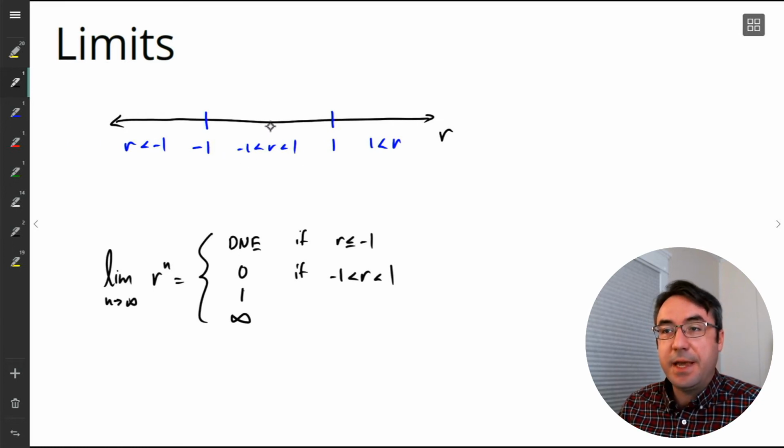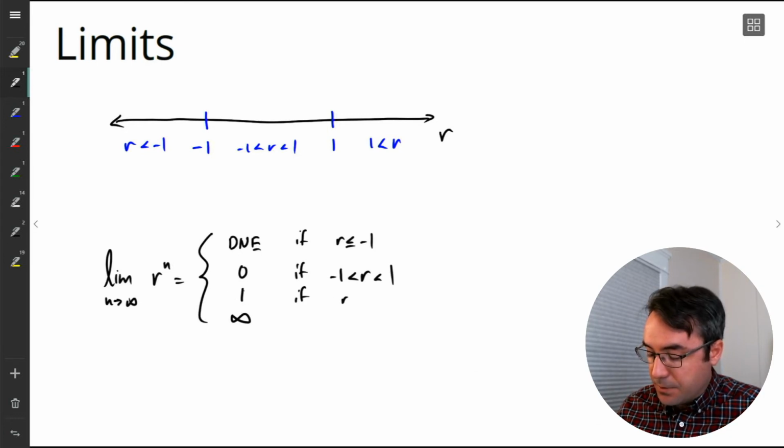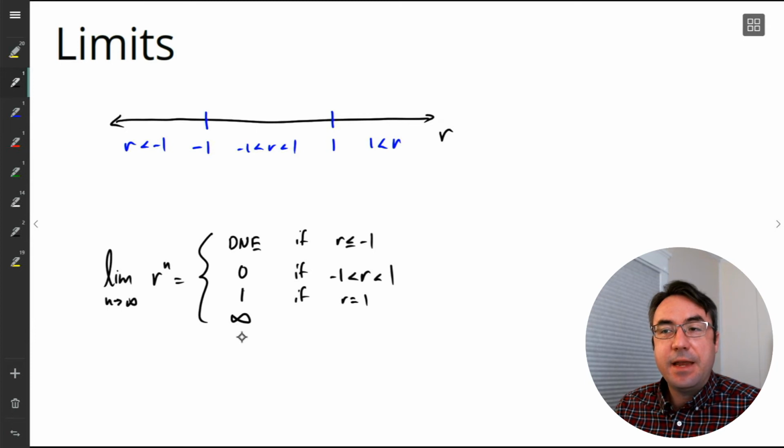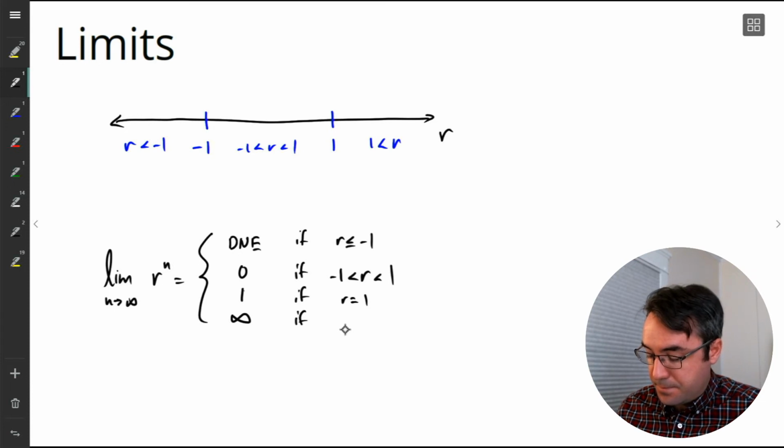So the limit became 0 when we were in this interval for r values. The one lone case where the limit was equal to 1 happened when r was equal to 1. And then it was infinity when the r value was greater than 1.